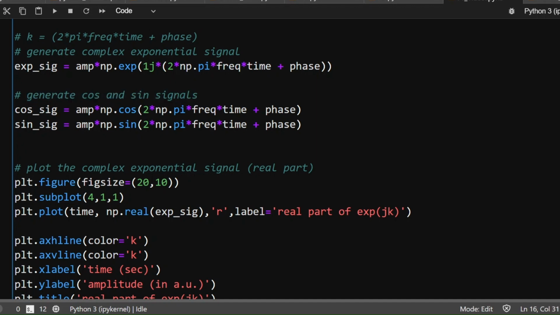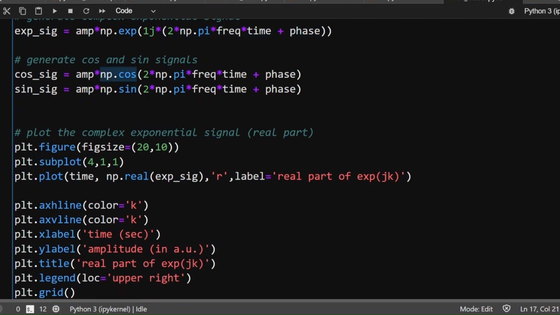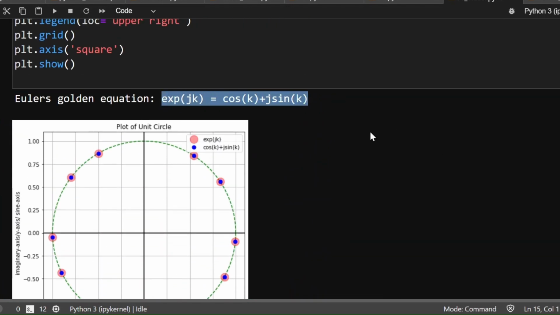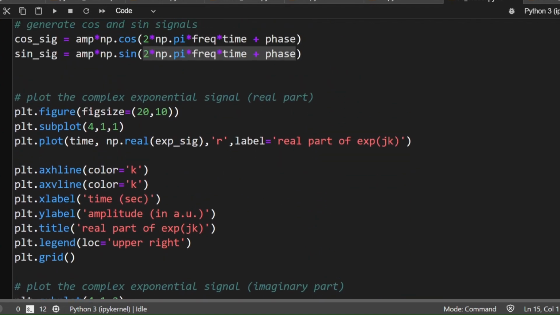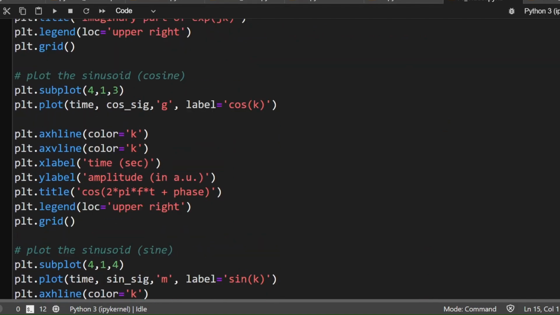So we are going to use the same expression of k, and plug it in a cos function and also into a sine function. Essentially, we are trying to verify whether this equation holds or not. And then we are going to generate the plots of both the exponential and the sinusoid and see whether they match or not.